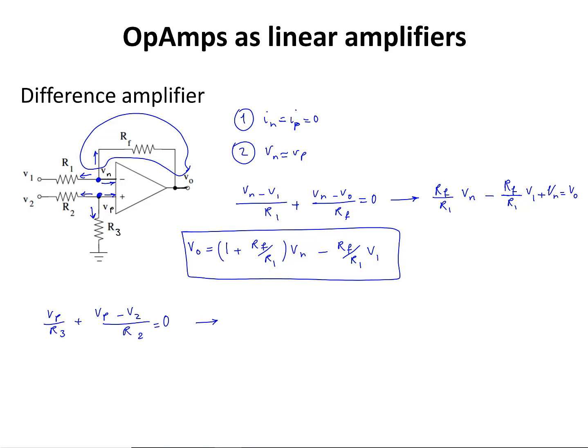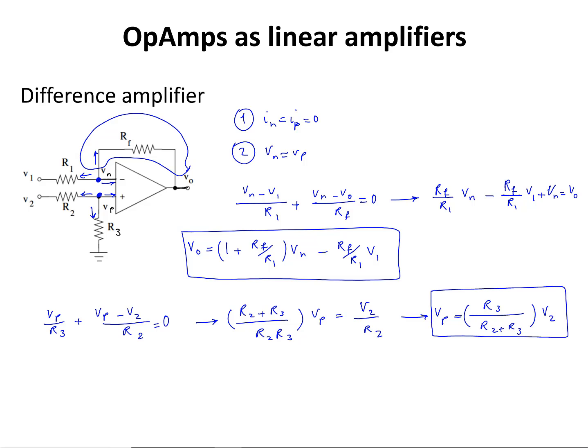From there, (R2 plus R3) divided by (R2 times R3) multiplied by Vp equals V2 divided by R2. Now I'm going to write Vp equals R3 divided by (R2 plus R3) multiplied by V2.